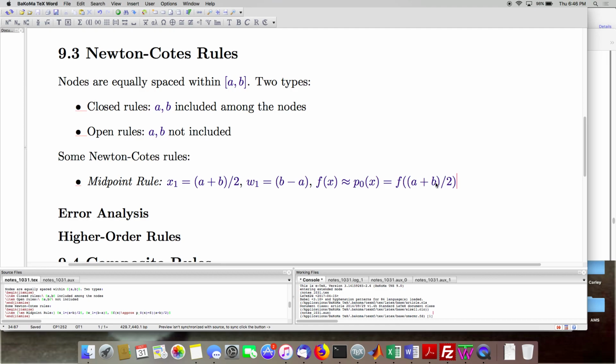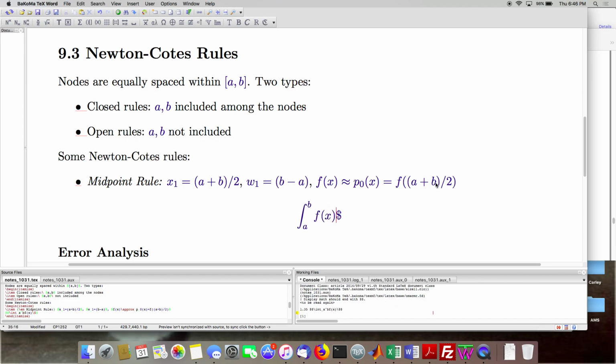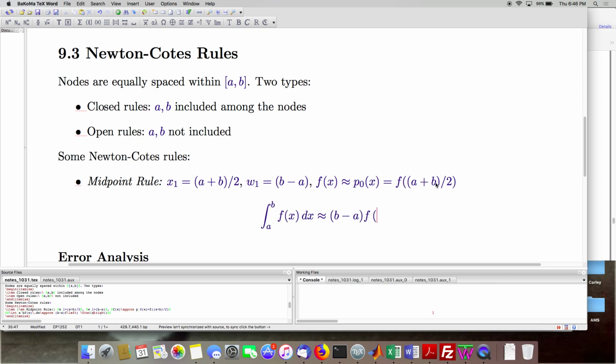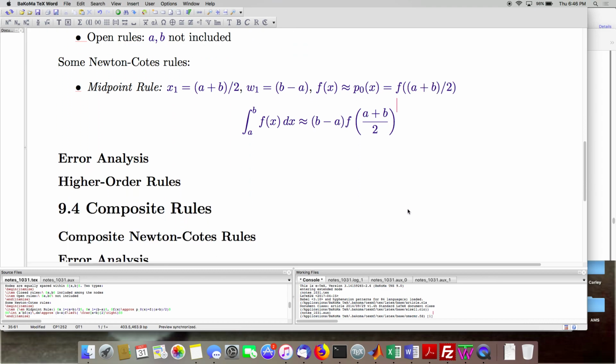So what we have is the integral is approximately equal to the weight, b minus a, times f at the midpoint. Okay, so that's it. Very, very simple rule indeed.